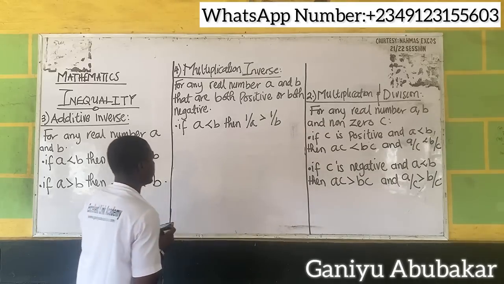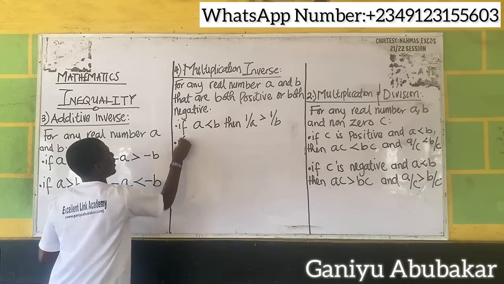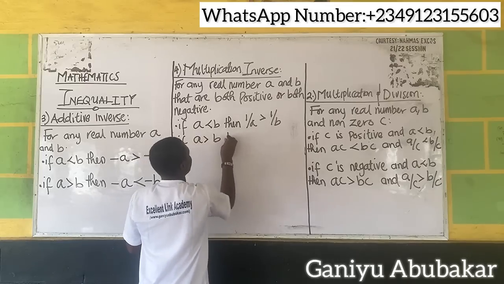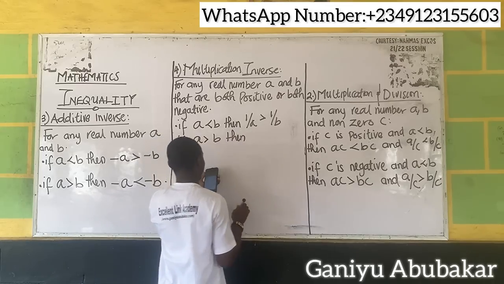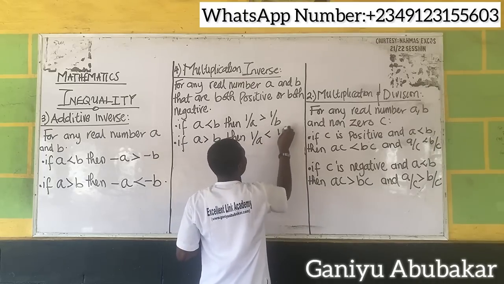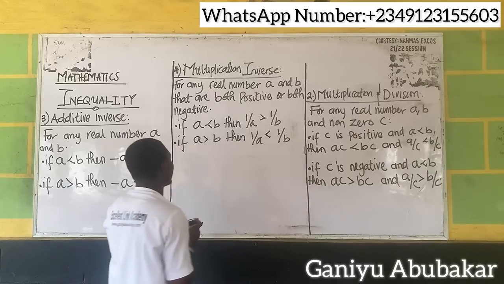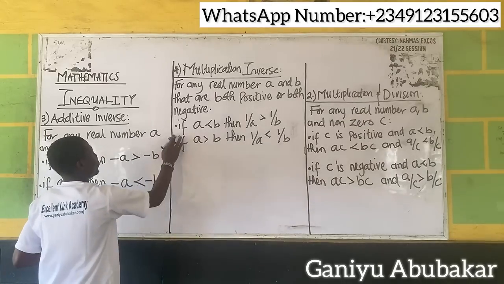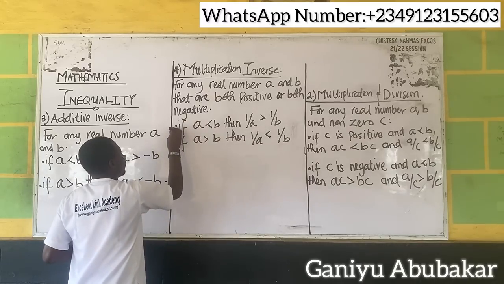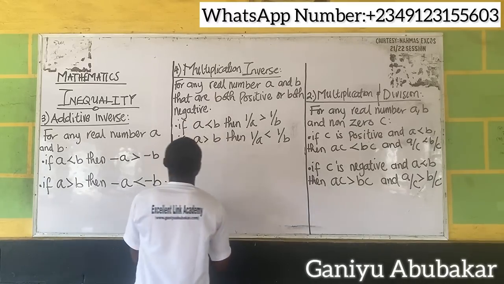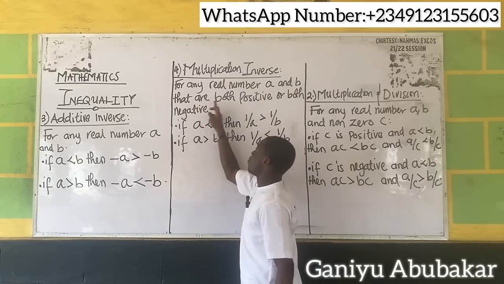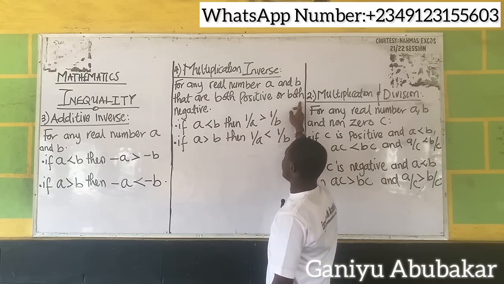All right. Second concept there is that if A is greater than B, then 1 over A is less than 1 over B. Another thing to note under multiplication: we said for any real numbers A and B that are both positive or both negative.